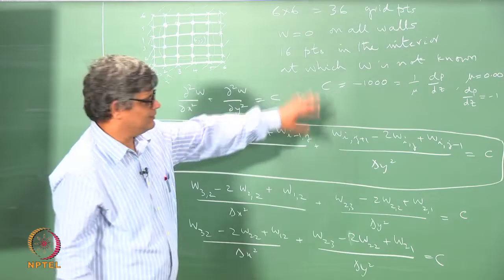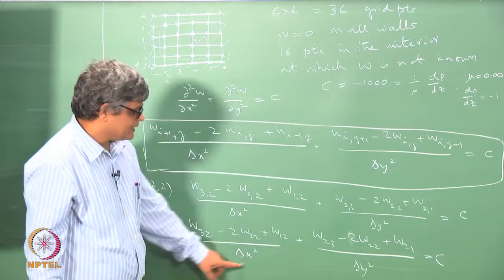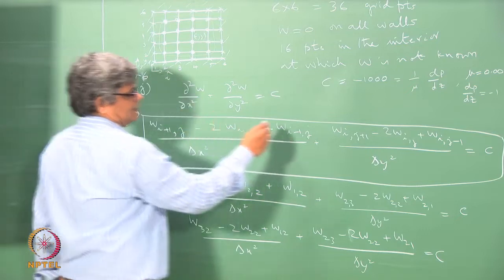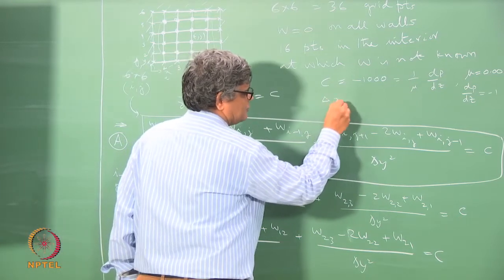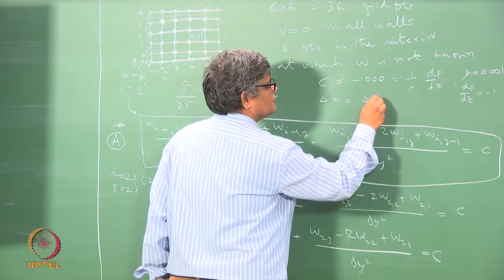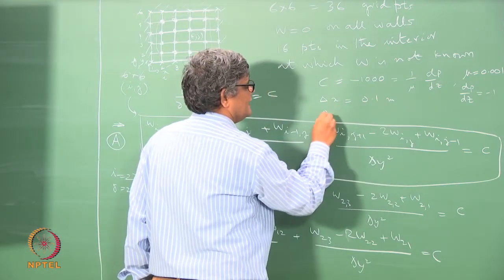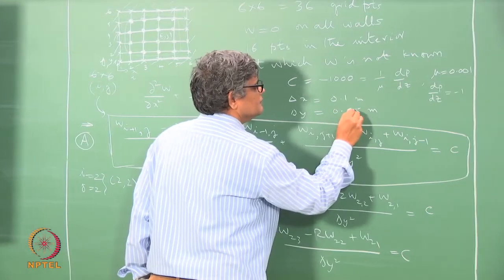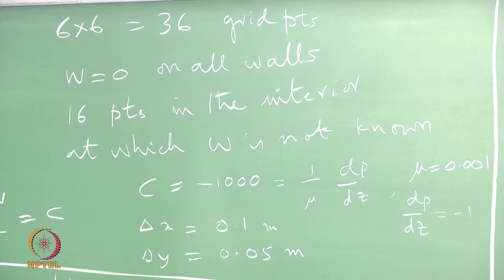So this is in SI units, and we need to have delta x and delta y. So let us take this in order to get some numerical value. Let us take delta x to be 0.1 meter and delta y to be 0.05 meters. Okay.